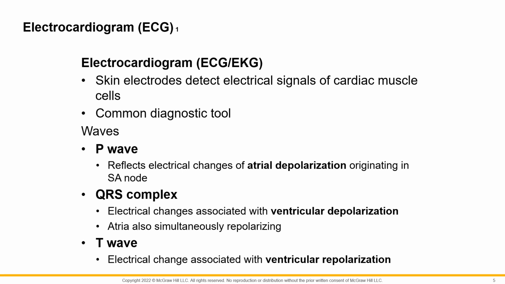Now these electrical and muscular events can be studied using something known as the ECG, or the electrocardiogram. We're going to practice this interactively in class, as well as an assignment, an interactive assignment on McGraw-Hill Connect.